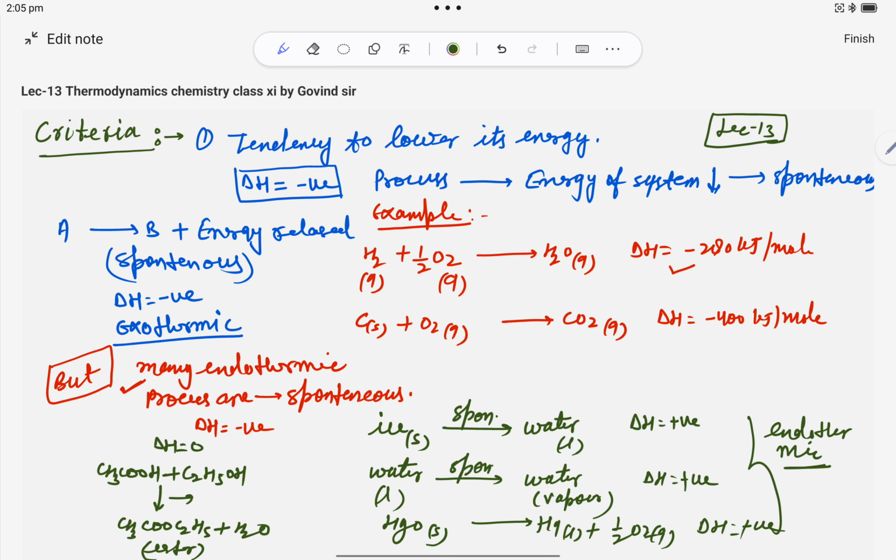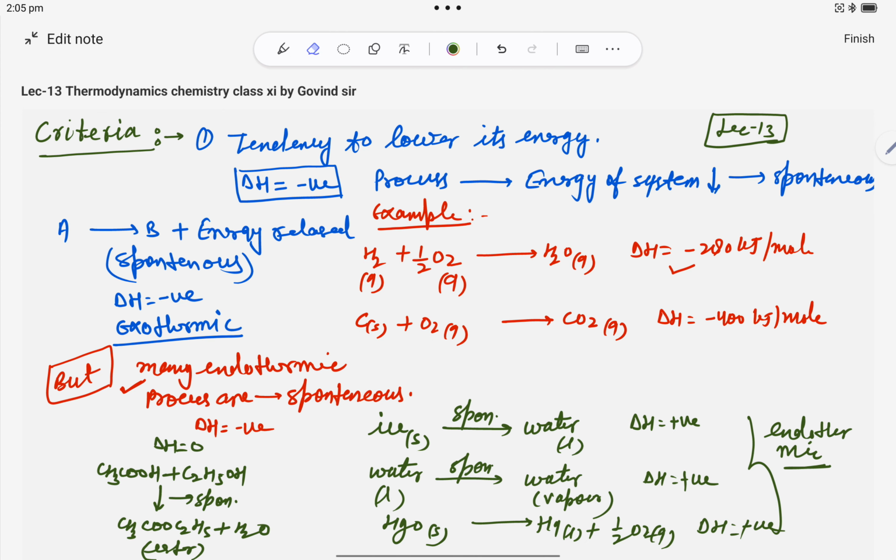So this process is also spontaneous. So the criteria fails. That means the negative value of delta H alone cannot decide whether the process is spontaneous or non-spontaneous. Then what do we have to do? How to identify? Don't worry, I am with you.